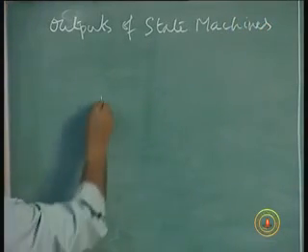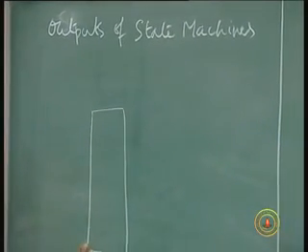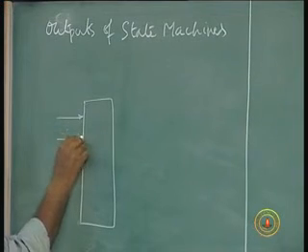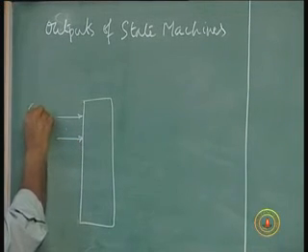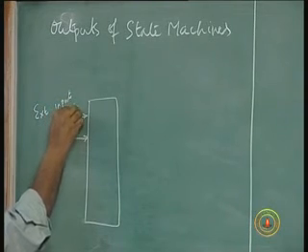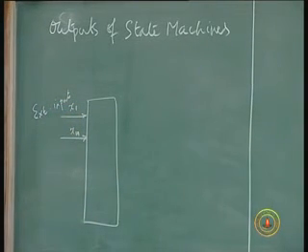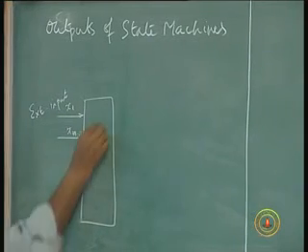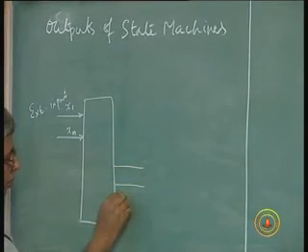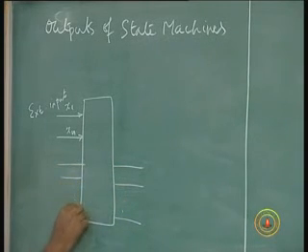If you remember the generalized state machine block diagram we drew, we said there can be inputs, one or more, called external inputs, with symbols x1 to xn, and then the state information, which are called state variables, either present state or the next state.